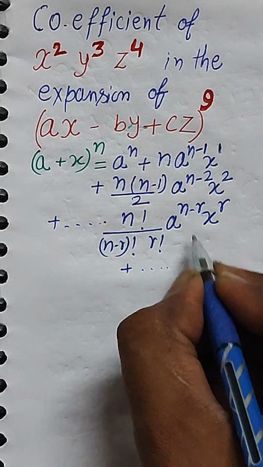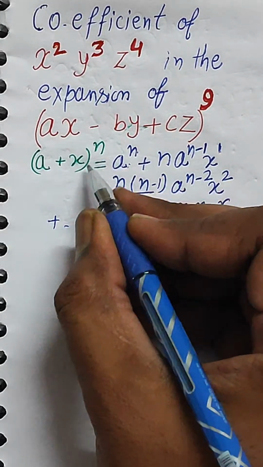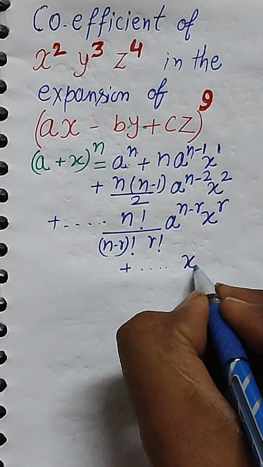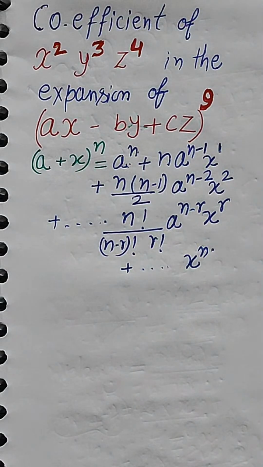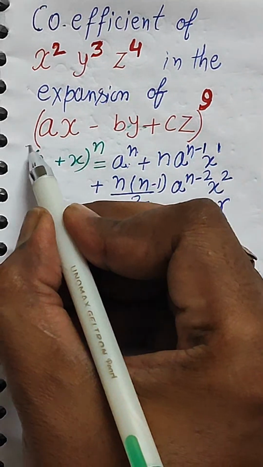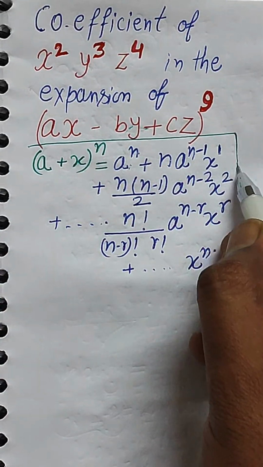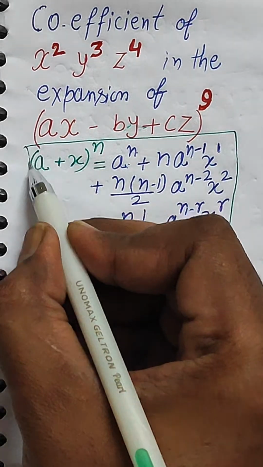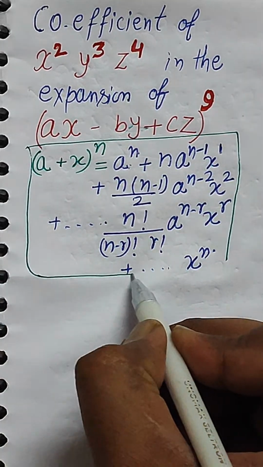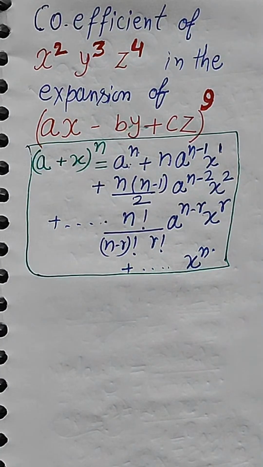The first term was a power n, and the last term will be x power n. Okay, so this is a quick review of the binomial theorem. We'll be applying something like that to solve this question.